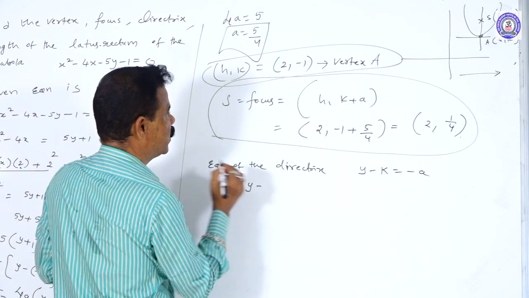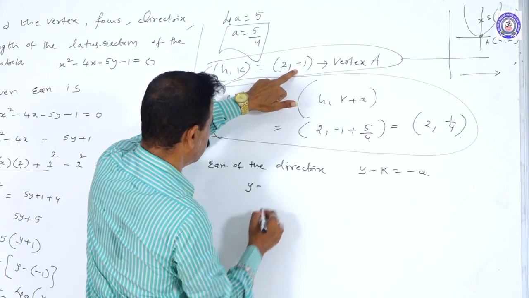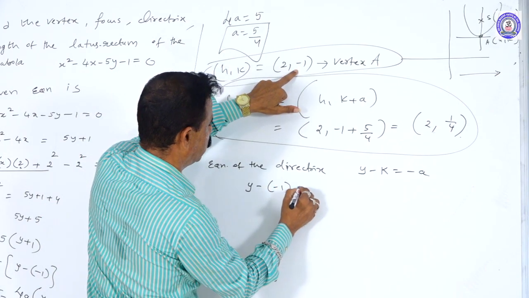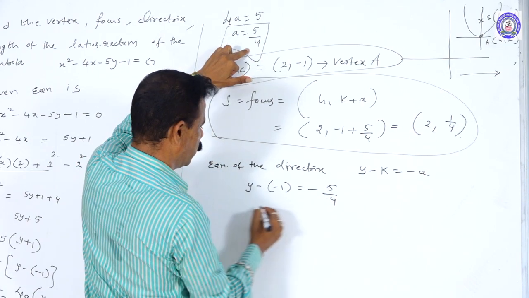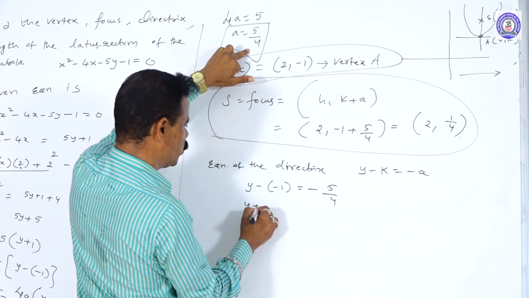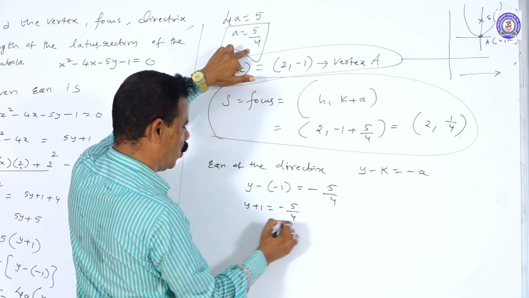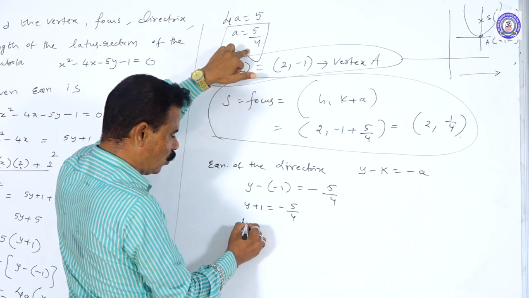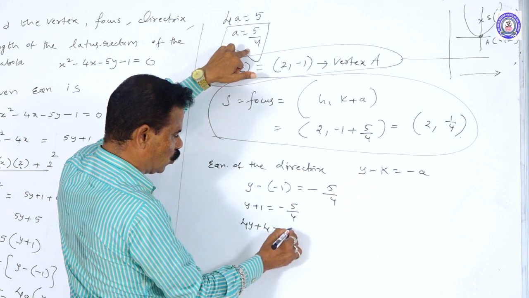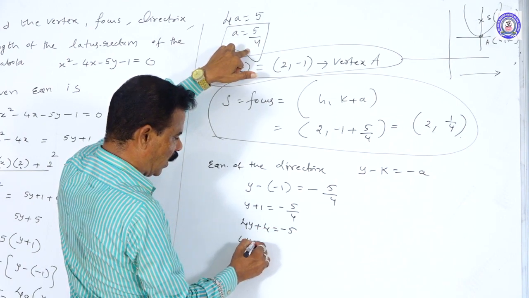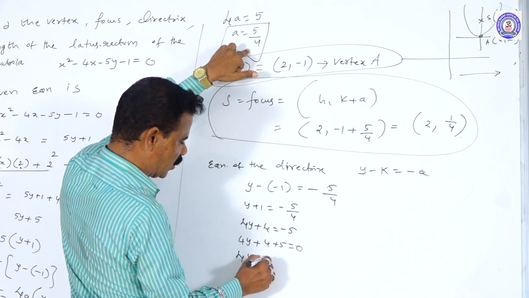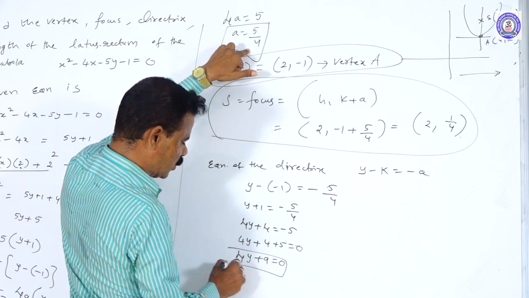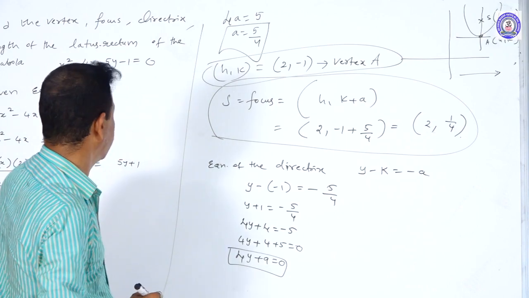So y minus k, where k is minus 1, is equal to minus a, where a is 5 by 4. So after this, y plus 1 is equal to minus 5 by 4. Multiply with 4: 4y plus 4 is equal to minus 5, 4y plus 4 plus 5 is equal to 0, 4y plus 9 is equal to 0. This is the equation of the directrix.